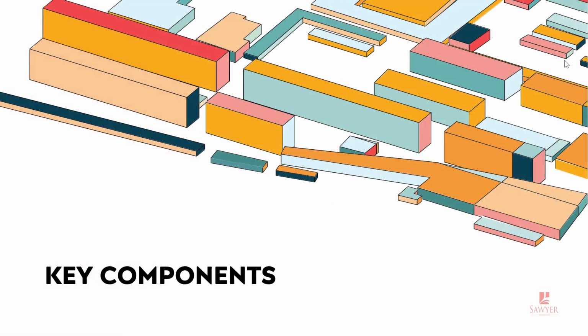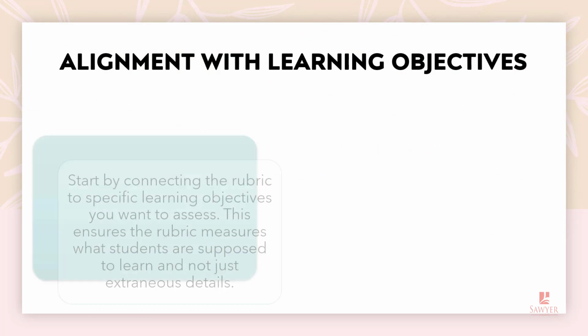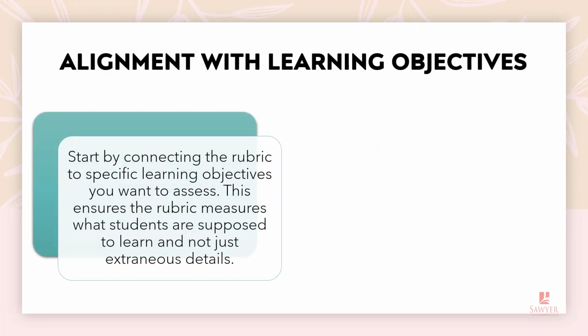All right, what are the key components of a rubric? Who can tell me? What are some key components of a rubric? Some of the key components are, one, that we have alignment with learning objectives or learning outcomes. Okay, as mentioned already tonight, we align them with our learning outcomes.